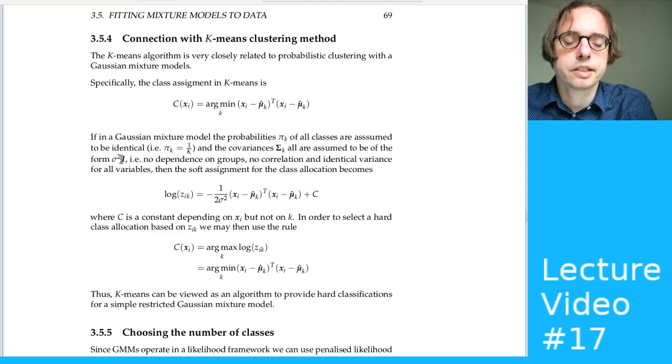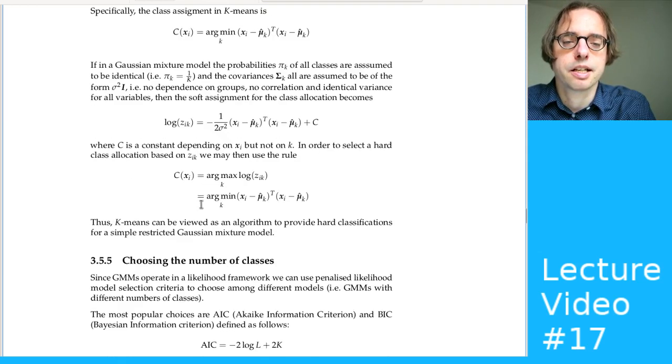So identical variance, no correlation, and no dependence on groups, which is quite restrictive, but it's not uncommon to use this model. Then we get this as our formula for the latent class allocation, which is basically the logarithm of the Bayes posterior probability, and it turns out it looks very much like this assignment.